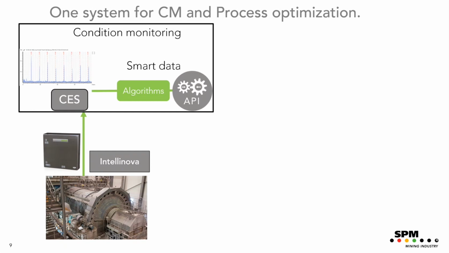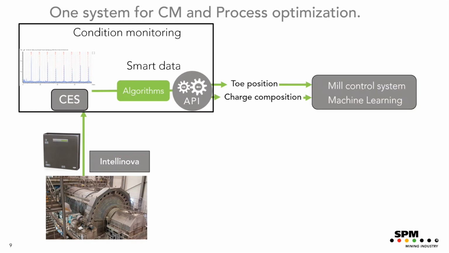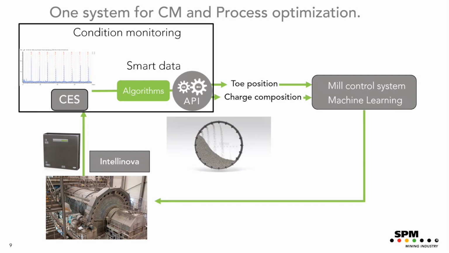But nowadays, we also export smart data through API, like toe position and charge composition, to the mill control system. So those systems can control the running of, for example, a tumbling mill.